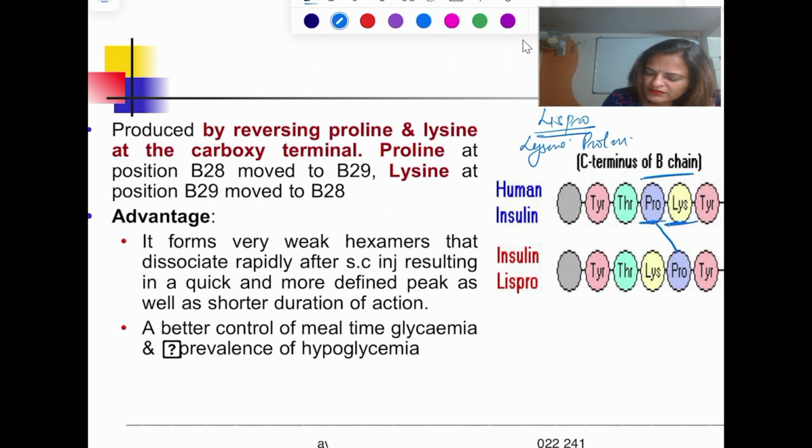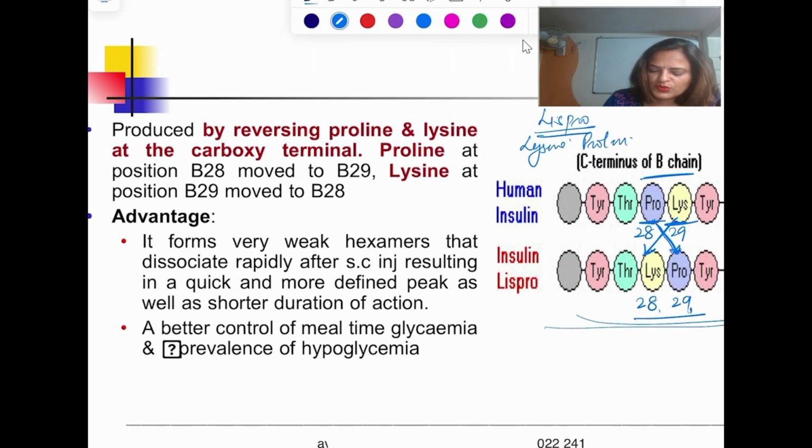By reversing this proline from the 28 position, where did we bring it? To the 29 position, and the lysine, which was on 29, we have got it on 28. With this little change, the hexamers are going to form a weak hexamer.